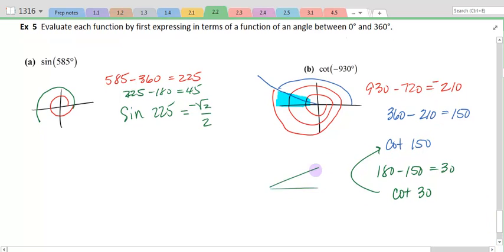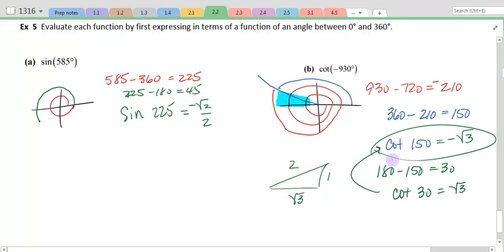So a 30-degree angle is a 1, square root of 3, and 2. Cotangent is x over y, which would be the square root of 3 over 1, or just the square root of 3. But because we're over here in the second quadrant, my value is actually negative. So let me rewrite this up here, that the cotangent of 150 is technically the negative square root of 3. And there we found that.